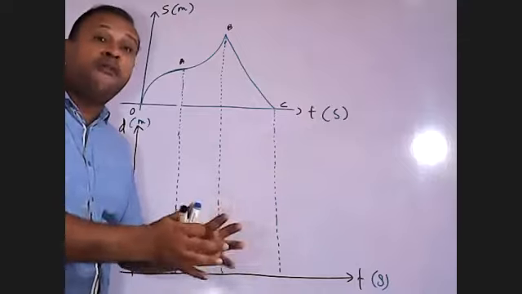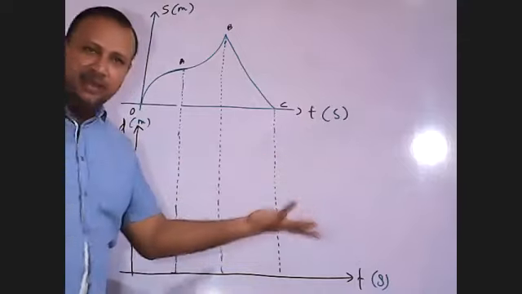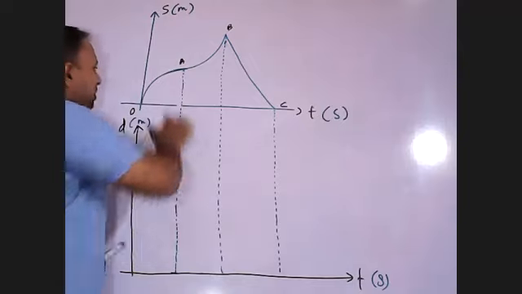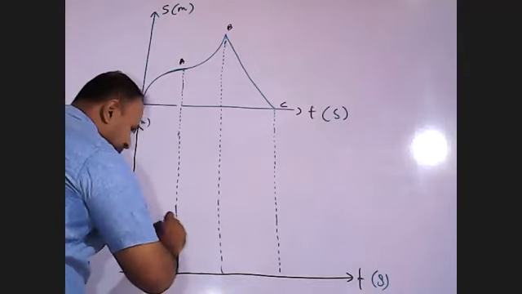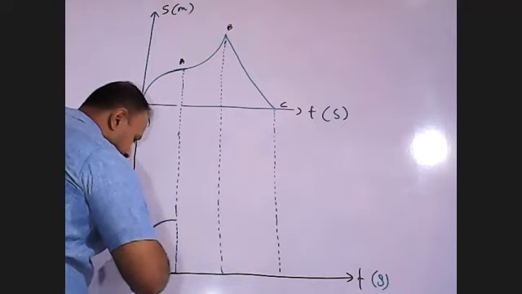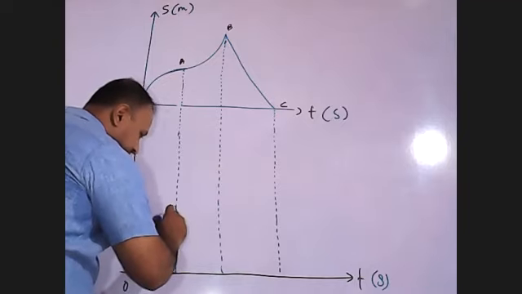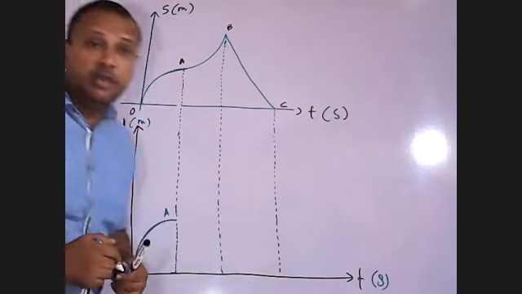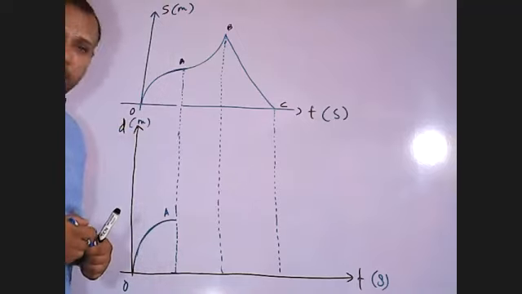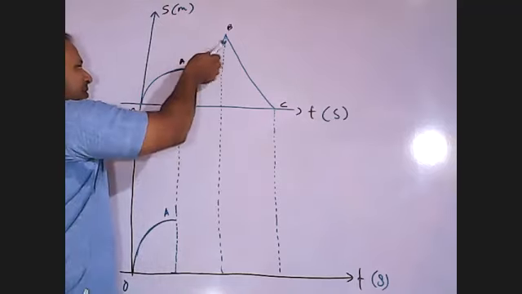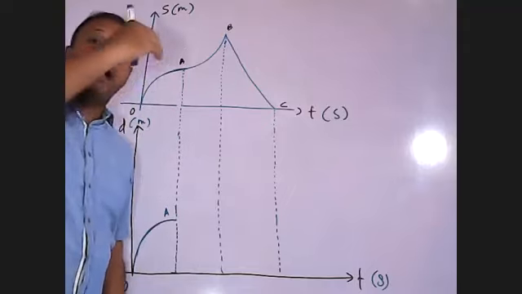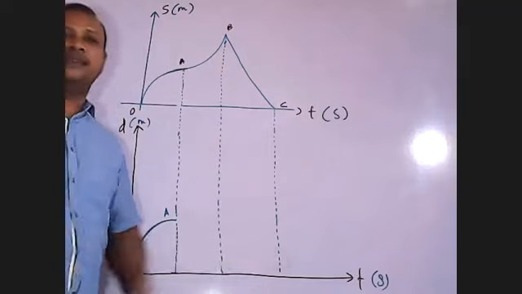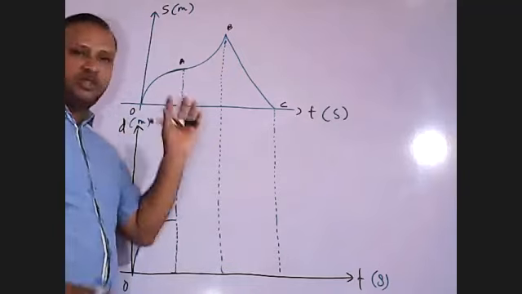Therefore, the shape won't be changed. It is the same shape. Then A to B. Same shape, sir. Very good. Same shape because velocity is positive. That means velocity and speed are both the same.